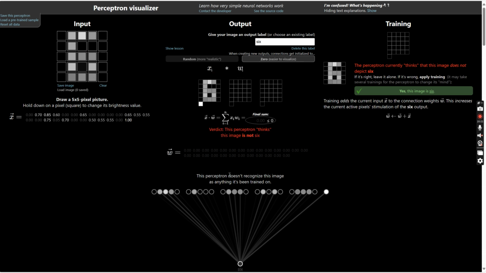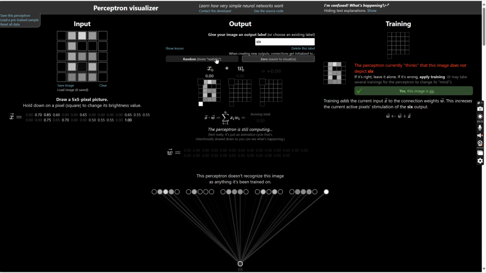Okay, these are my x values. W values are not yet computed because they are not yet initialized. They have to be initialized. But did you notice how these lines came to be? Which neurons got activated, which got deactivated?